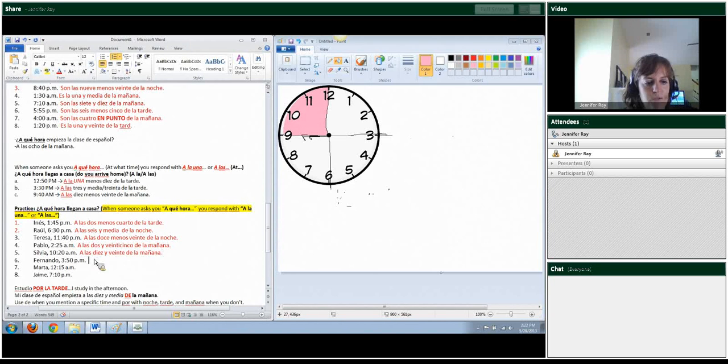Fernando comes at 3:50 p.m. Again, I'm not saying or writing 1, so I'm going to say a las, and it's almost 4, so I'm going to say 4. But since it isn't quite 4, I'm going to minus those minutes, which are 10. So a las 4 menos 10 de la tarde.